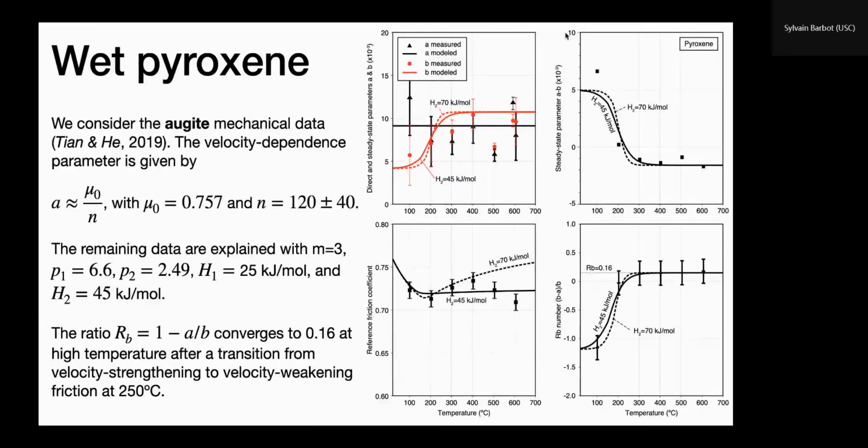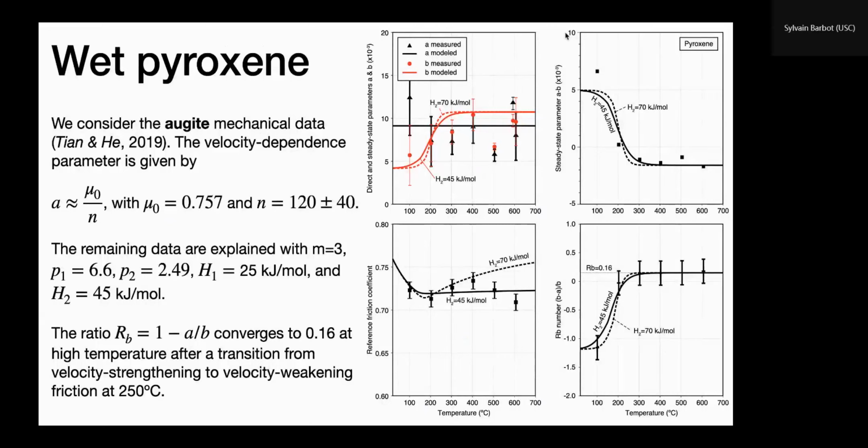What is the best activation energy, power exponent, reference friction coefficient, you name it, all of the parameters, and try to calibrate them against data for the friction coefficient, A as a function of temperature, B as a function of temperature, the characteristic weakening distance as a function of temperature, and basically capture that.